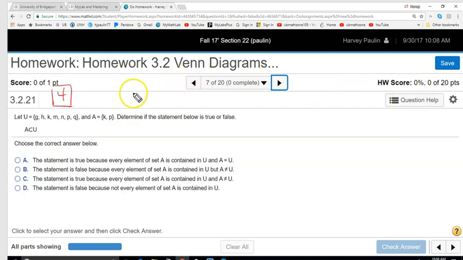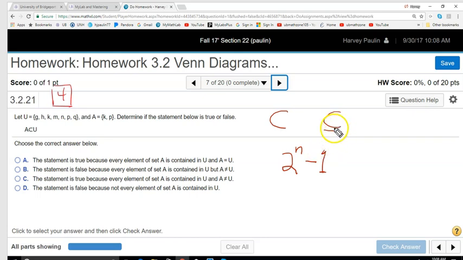Now, looking at example 4, and keeping in mind what we said about this symbol, this is a proper subset, and this one is a subset. Now, the formula for a proper subset is that it's 2 to the number of elements in the set, but it has to be at least one less than what's in the set.